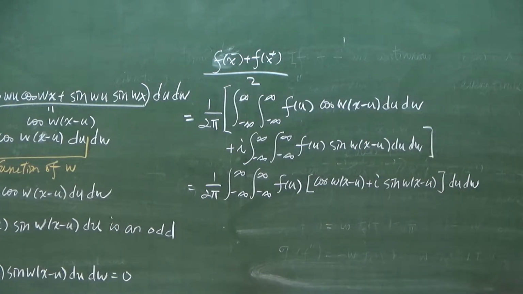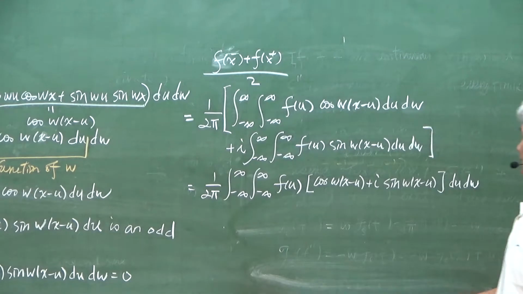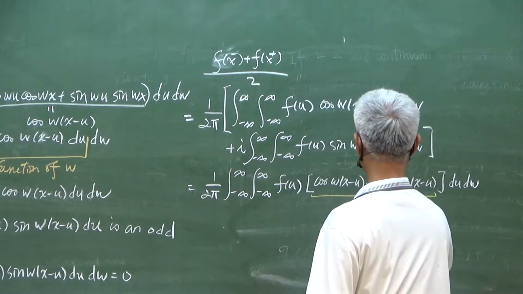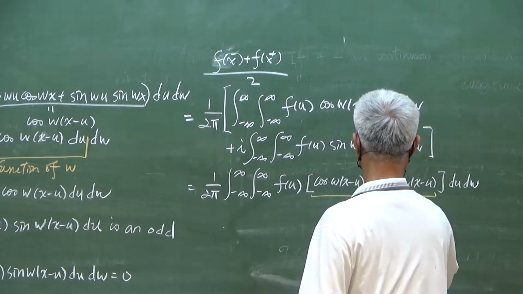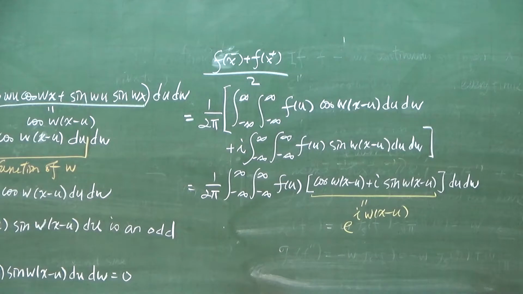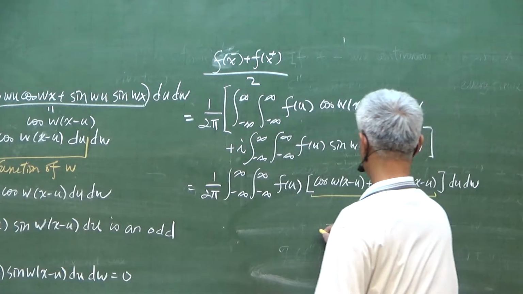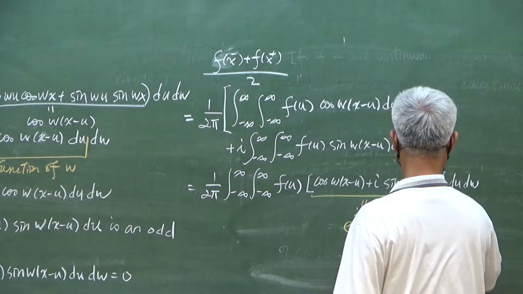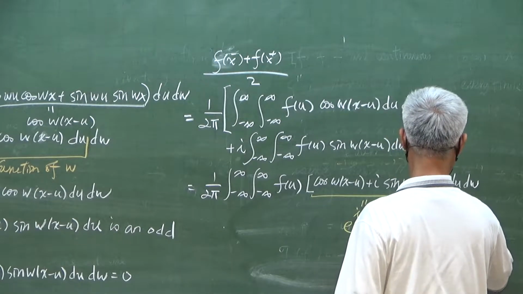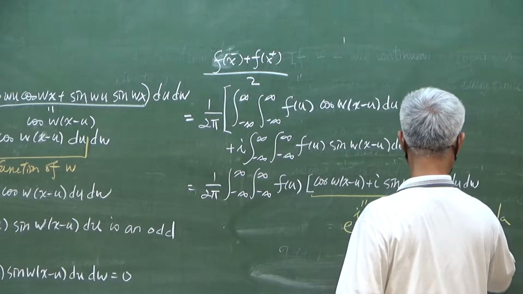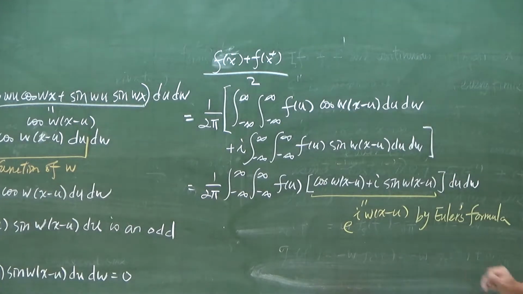Okay, so we now join them together. And here, this is an exponential function by Euler's formula. Okay, this is from Euler's formula.